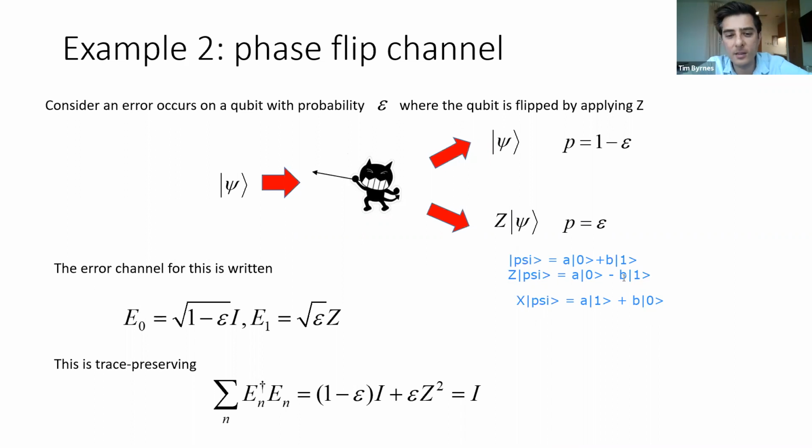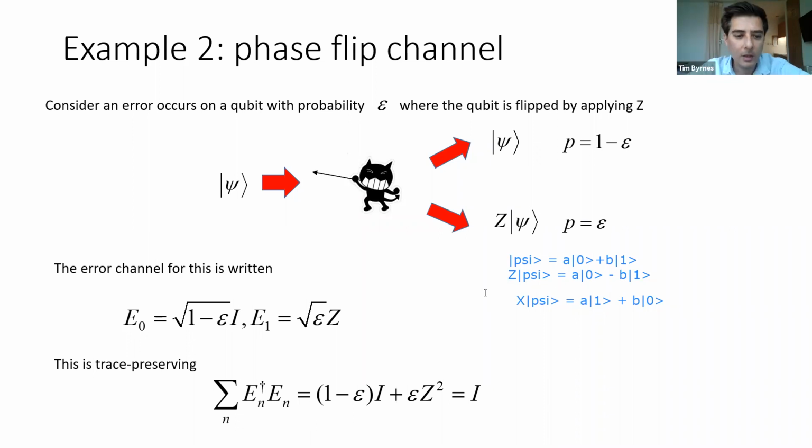But that's incorrect, because it's only because we're used to thinking classically and not in superpositions. This phase is equally as important in terms of the wave function as the 0, 1 coefficients. So this is an equally destructive error, but it acts in a totally different way.